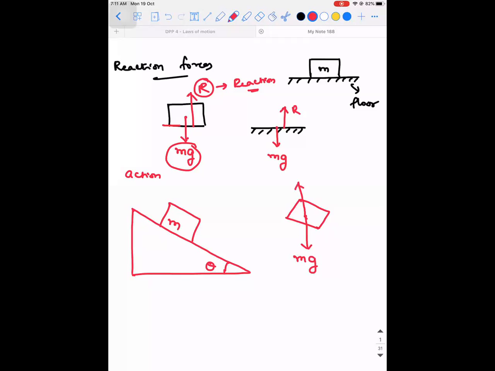What is this arrow mark? R. Here R means normal force. Everybody knows what a normal force is. Normal means perpendicular. The perpendicular reaction force offered by the surface of contact is called the normal force.